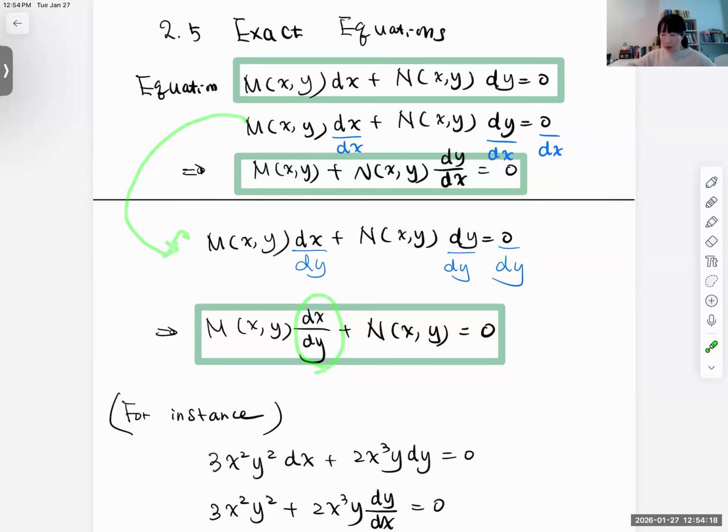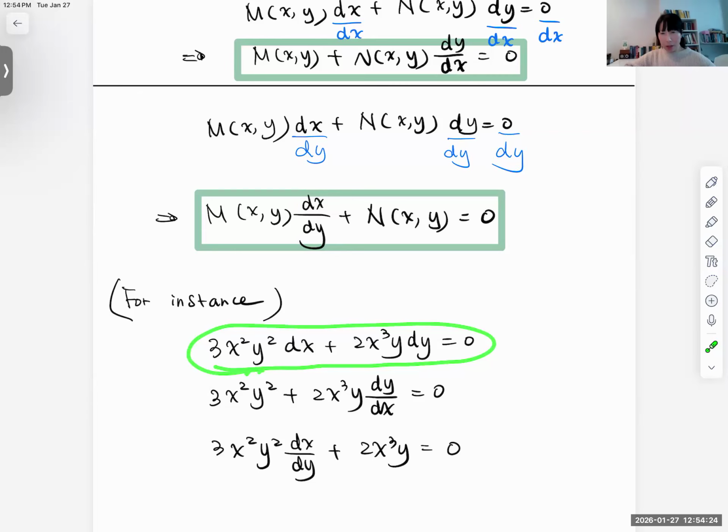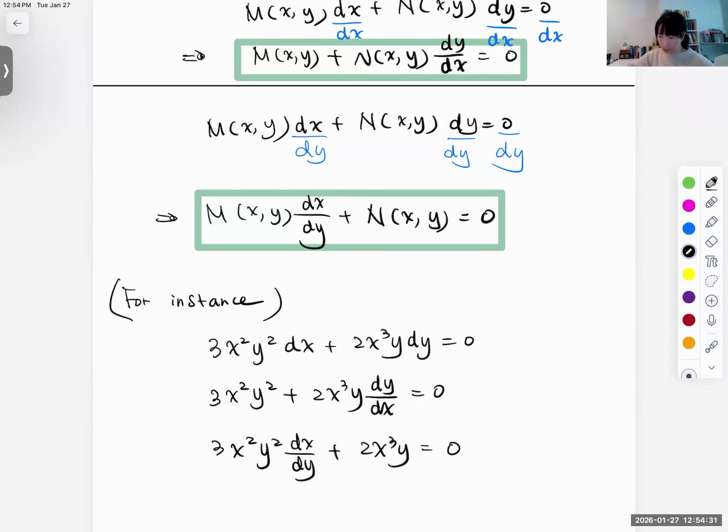So for instance, let's do that. This is the equation. If we want to divide by dx for every term, then this will be simplified. Then we get dy over dx.